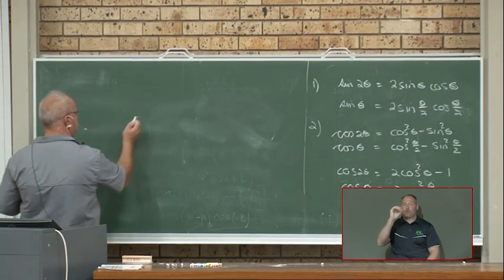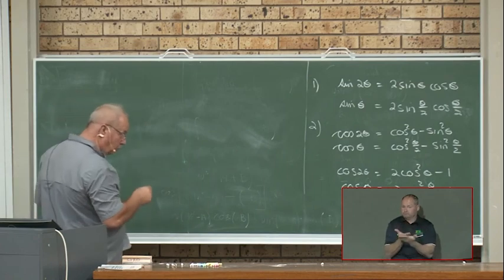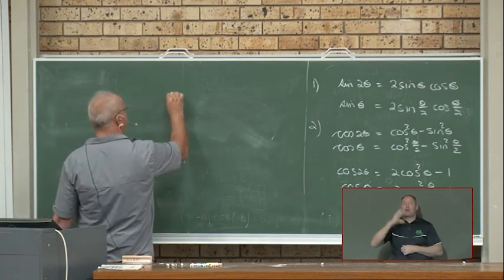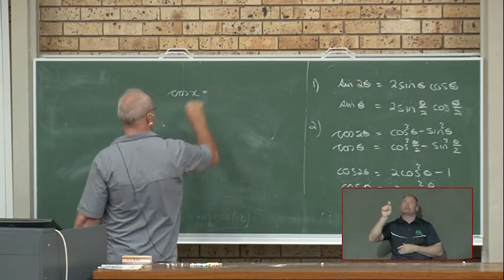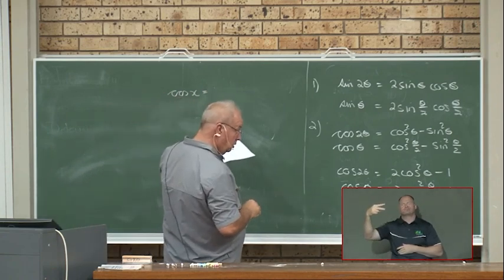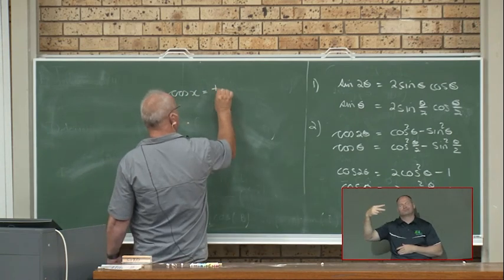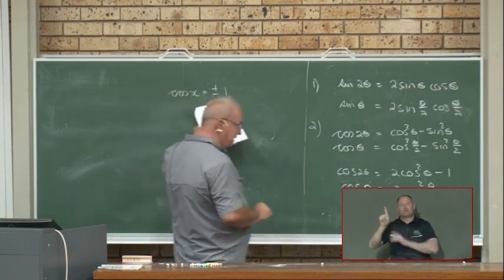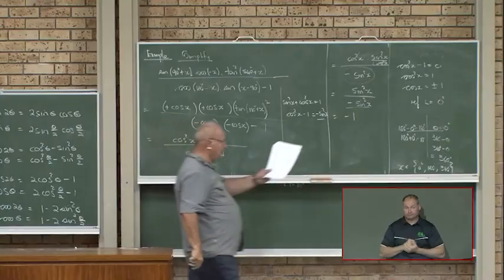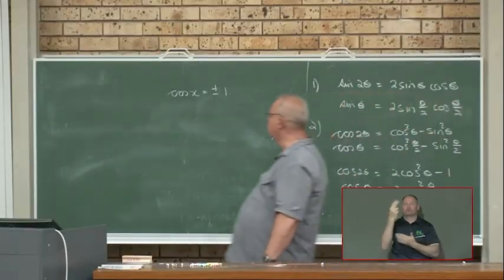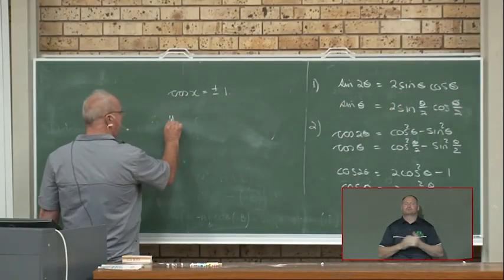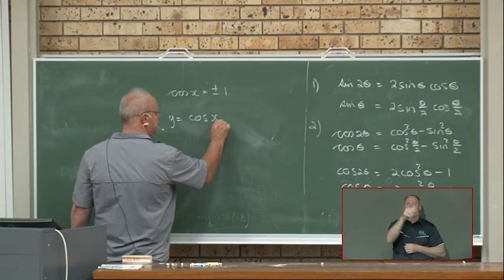You could have said, I'm going to draw the cos of x is equal to plus minus 1. Okay, do you understand that step is this step here? Now I'm going to draw the cos graph. I'm going to draw the graph of y equal to the cos of x.